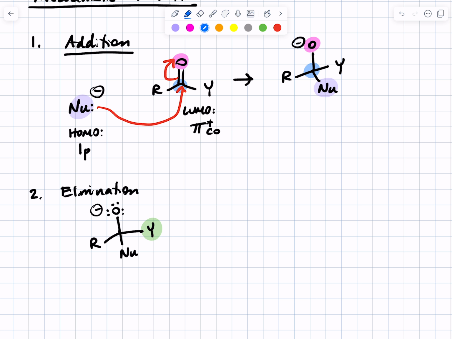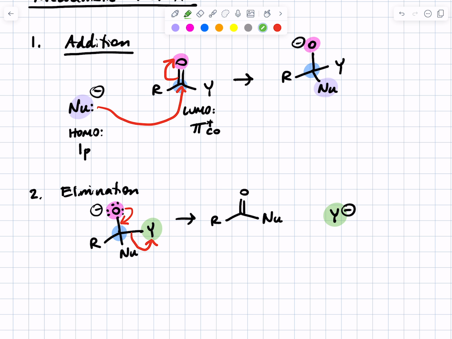And when this happens, the electrons on the negatively charged oxygen dump themselves into the carbon-Y group sigma star, and the leaving group leaves, that creates or restores the carbon-oxygen pi bond and gives us this carbonyl containing product.